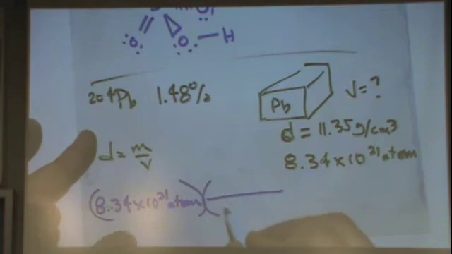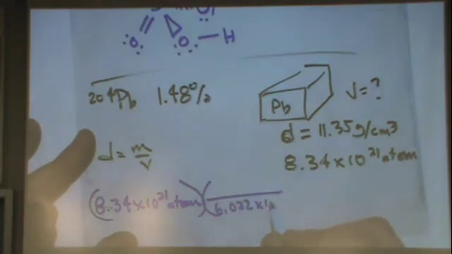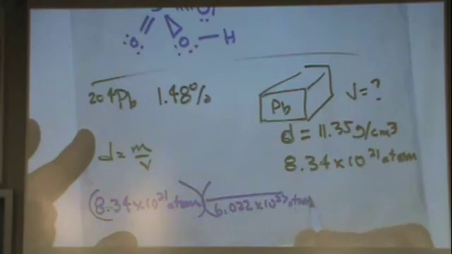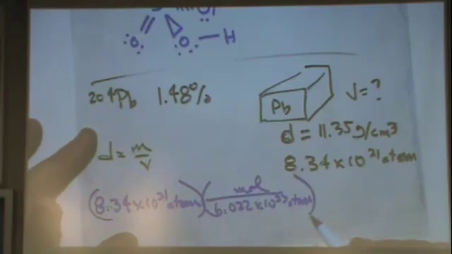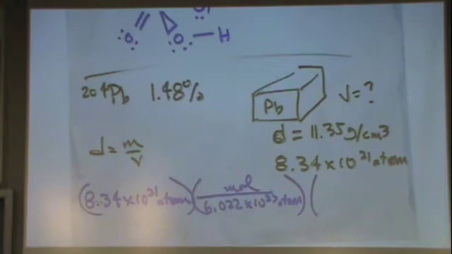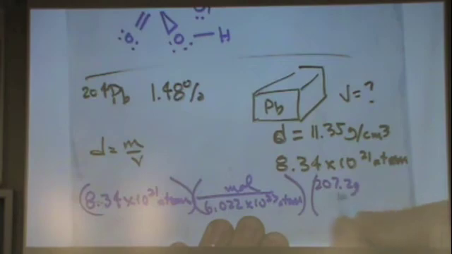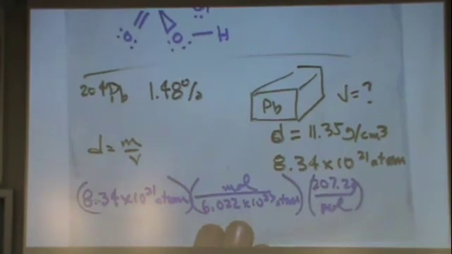I know that there's 6.022 times 10 to the 23rd atoms per mole of lead. Then look at the periodic table for lead: it's 207.2 grams per mole. That is grams of all lead.